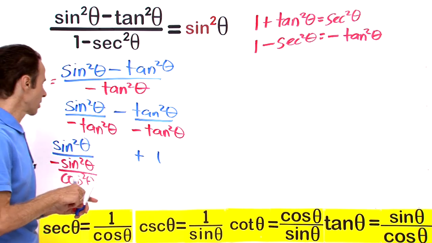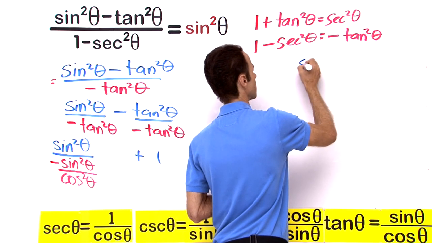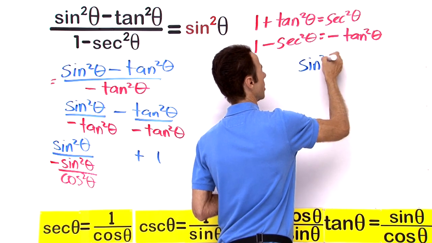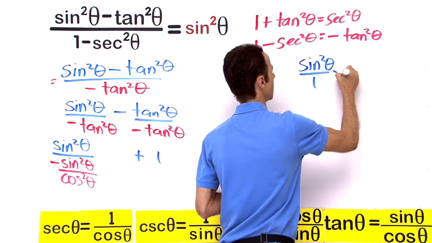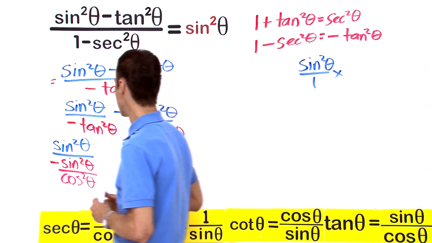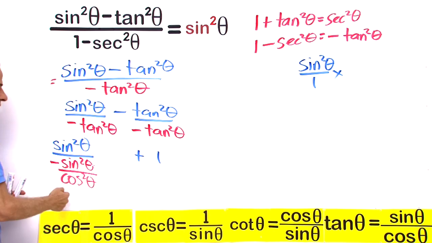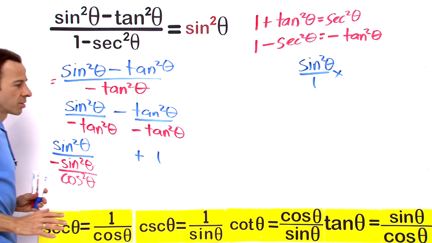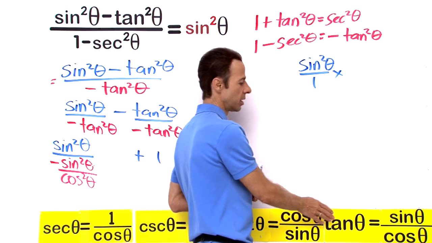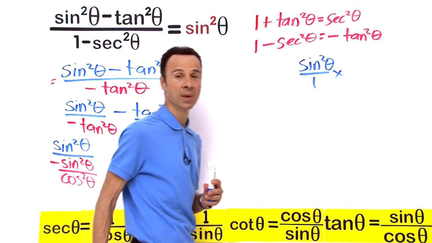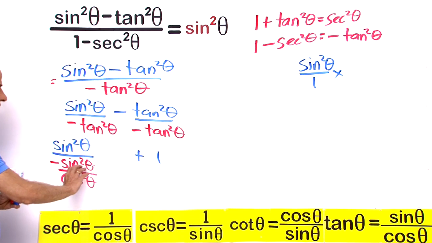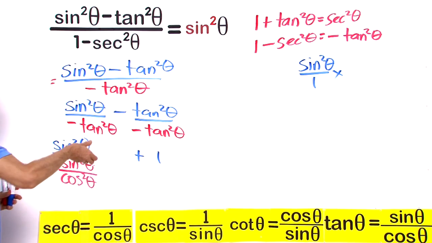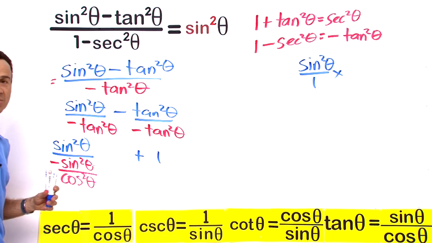We've got sine squared theta over 1, multiply that. Well, we turn this upside down, because we know that tangent theta equals sine over cosine. So I'm going to flip them upside down and multiply by that. That way it's the same as dividing.